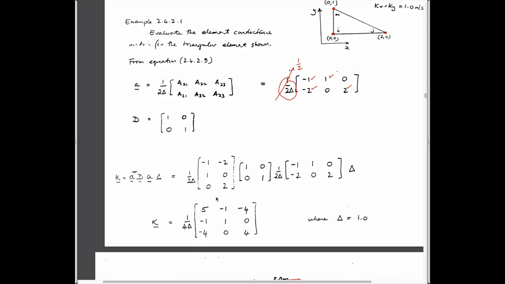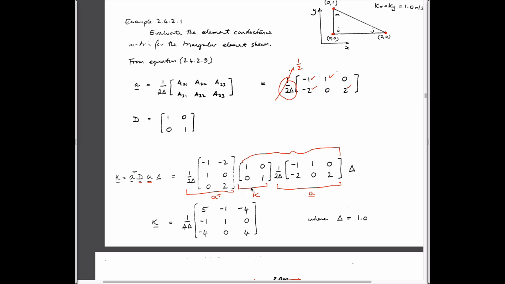And so now we know that we can calculate the conductance matrix just by taking the A matrix, the conductance matrix, and the transpose of the A matrix. And if we just do those multiplications, so multiplying this by this, when you multiply these two together, what do you get out of it?